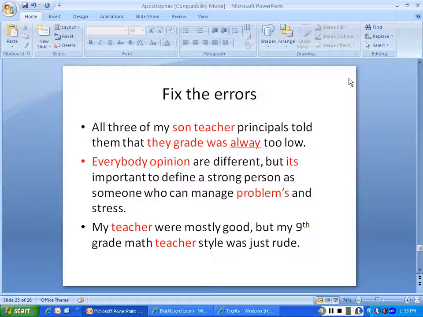We have they instead of a possessive pronoun, and grade looks like it might need to be plural. And always, we know, is simply spelled incorrectly. Everybody opinion. The opinion belonged to everybody, so that everybody probably needs to be possessive. The word are indicates that opinion is plural.